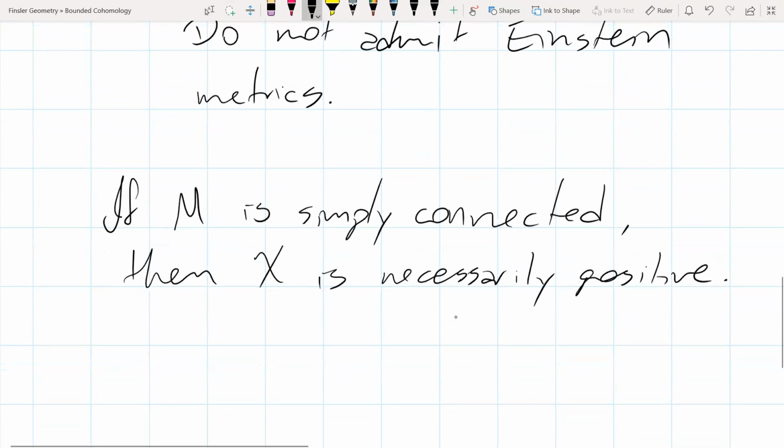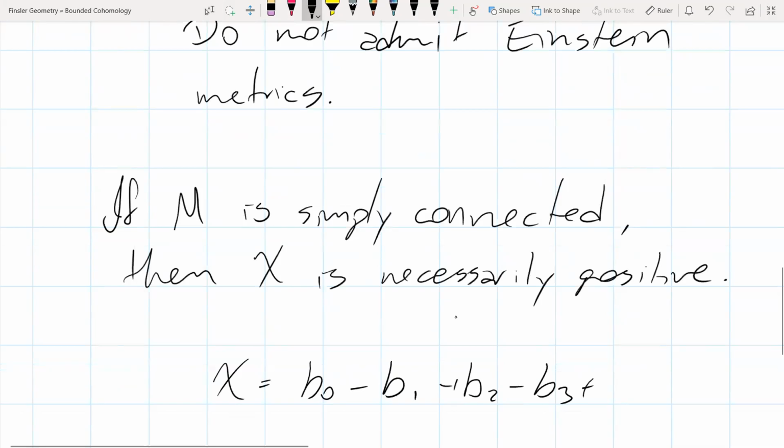So what I was thinking is the Euler characteristic, what is the definition? You have B0 minus B1 plus B2 minus B3 plus B4. You know that B1 is 0.